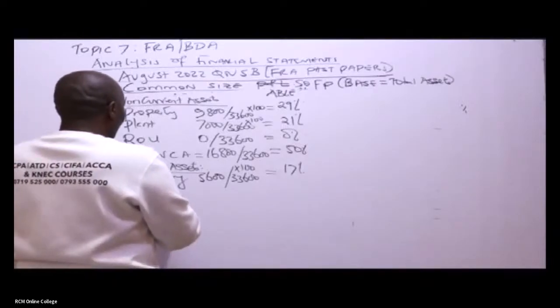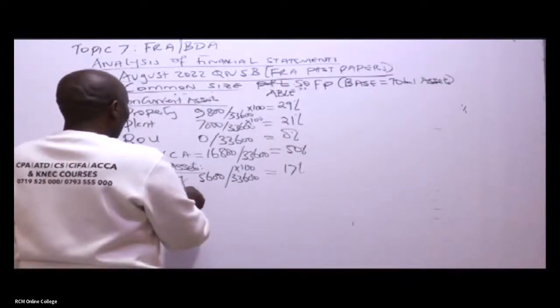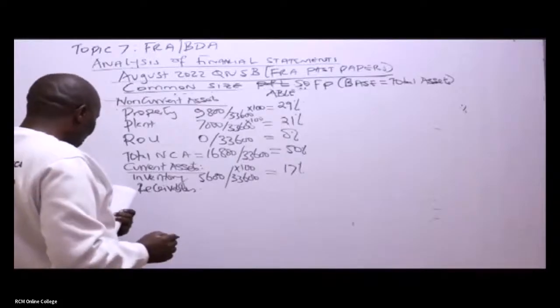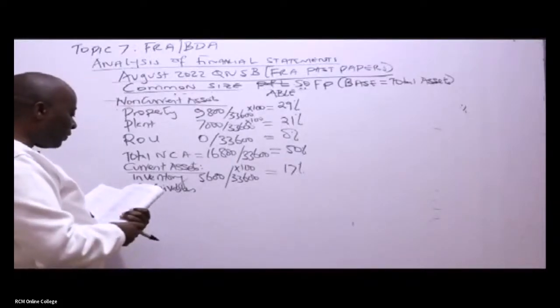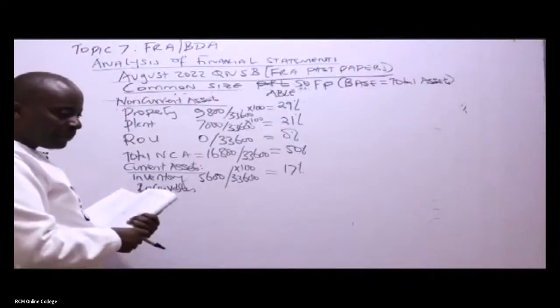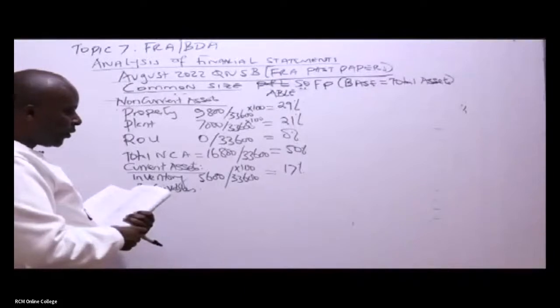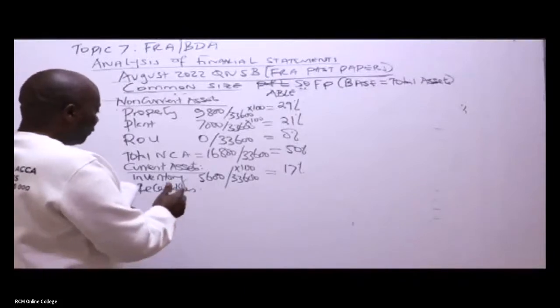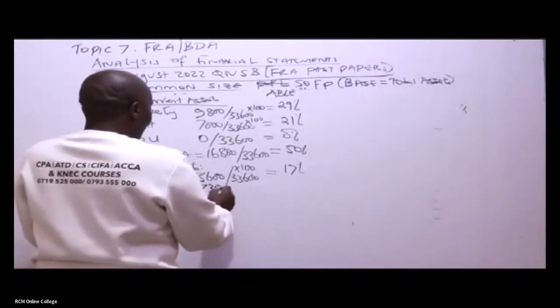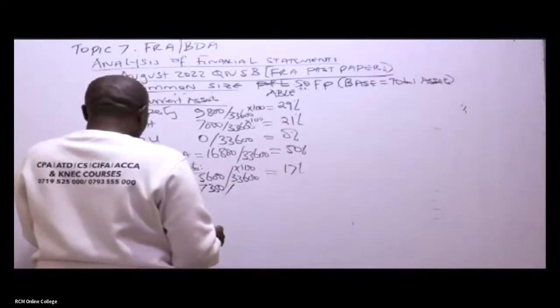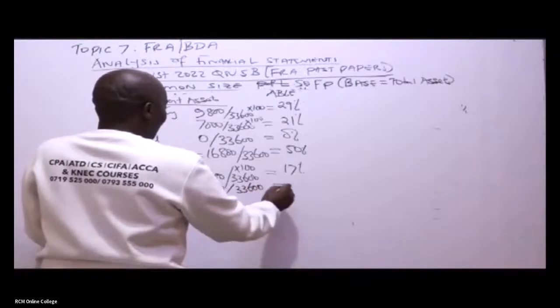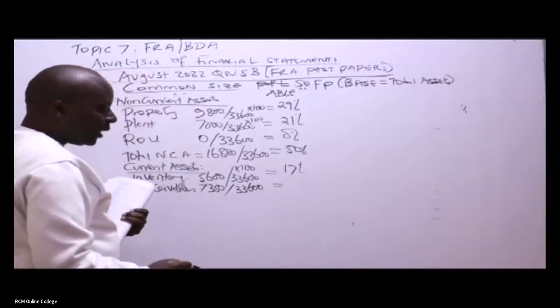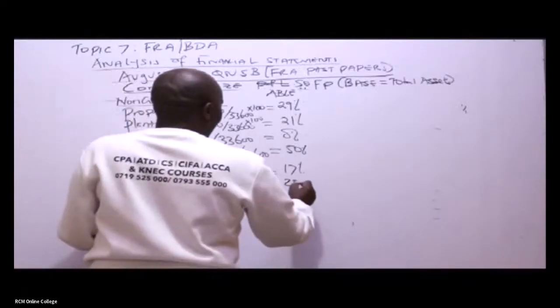Receivables. What do we have there for receivables? I can see 7350. 7350 divided by 33,600, which will end up giving me what figure? 22%.